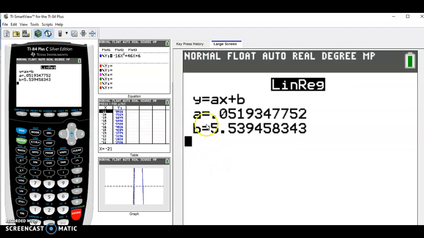When I do this, it gives me my value for A and my value for B. So my value for A is 0.051934, and my value for B is 5.594.